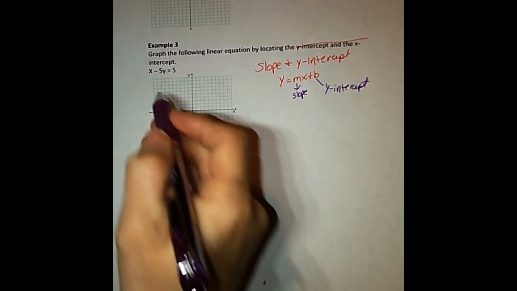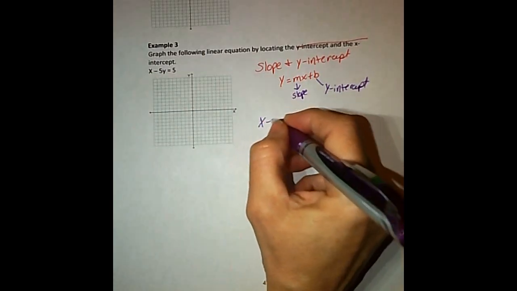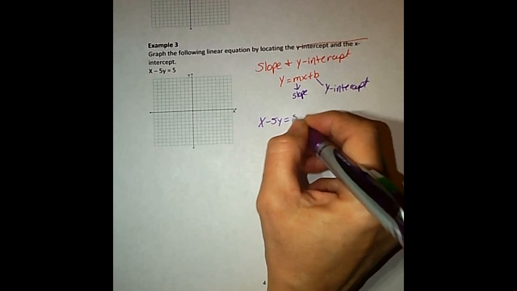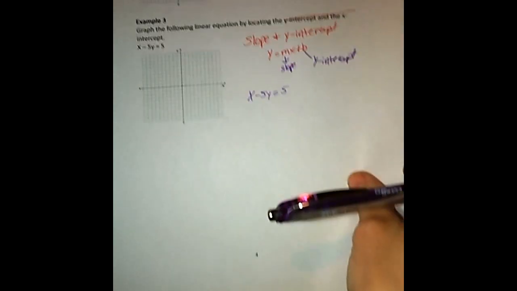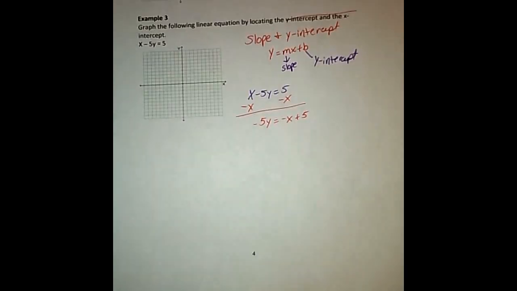So let's take this equation here, x minus 5y is equal to 5, and let's solve for it in the slope-intercept format. That means I got to get it all set equal to y. So that means this x needs to be subtracted because it's positive on that side. So I got -5y is equal to -x plus 5.